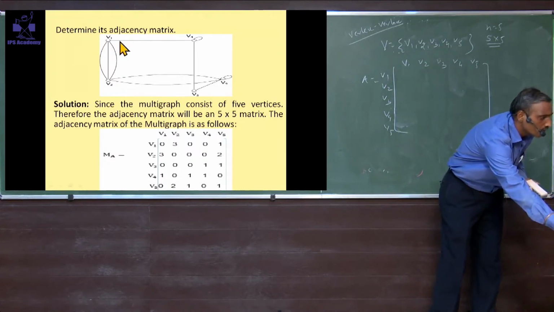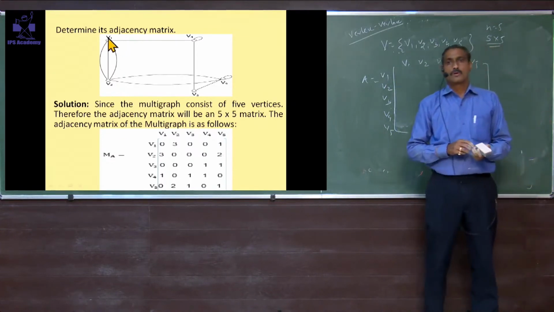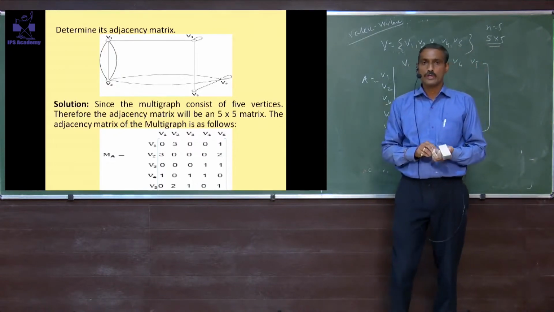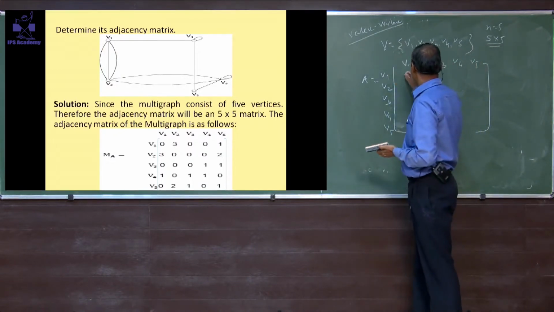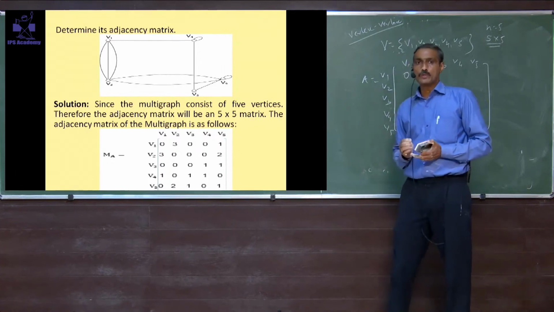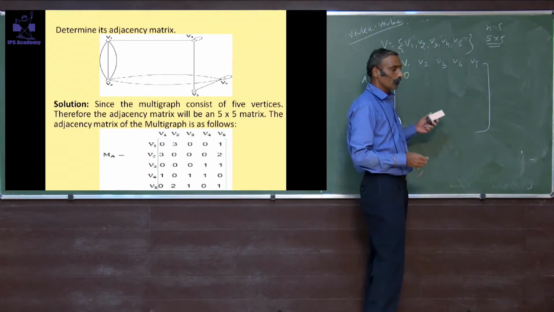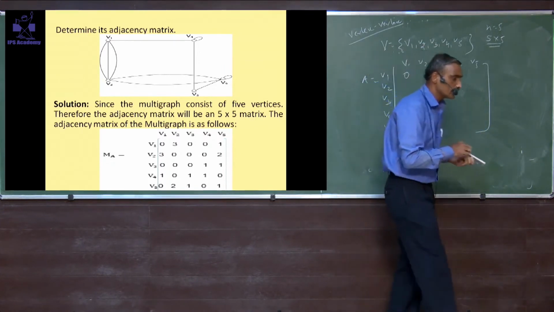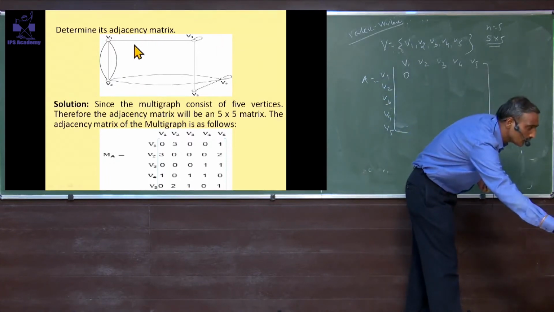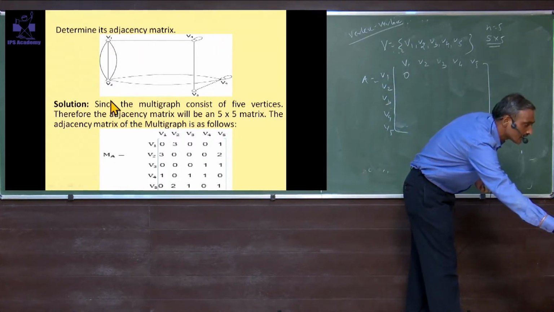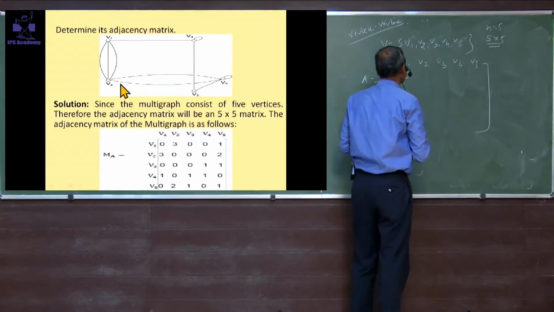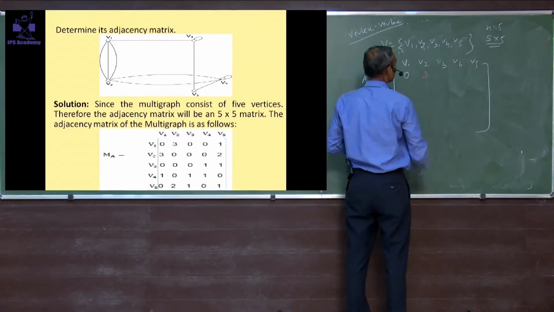There is no self loop on V1, so we put 0. Now V1 to V2. How many edges? There are 3 edges. This is the multigraph, so V1 to V2 is 3, we put 3.